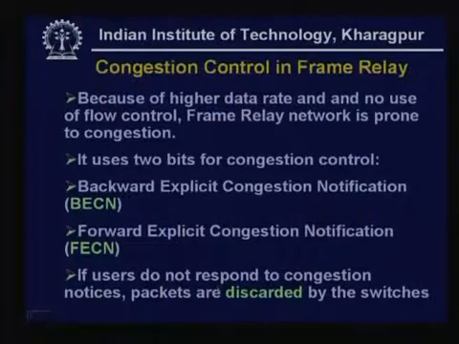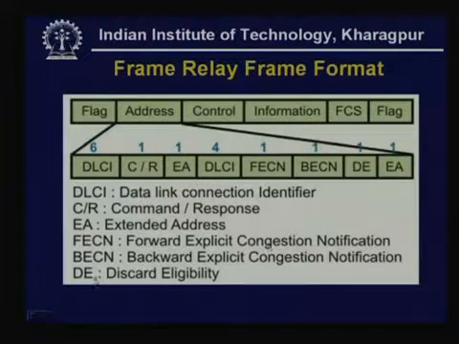It uses 2 bits for congestion control. One is the backward explicit congestion notification, BECN bit, another is forward explicit congestion notification, FECN, and also another bit is used, the DE, discard eligibility bit, which is used for packet discarding.